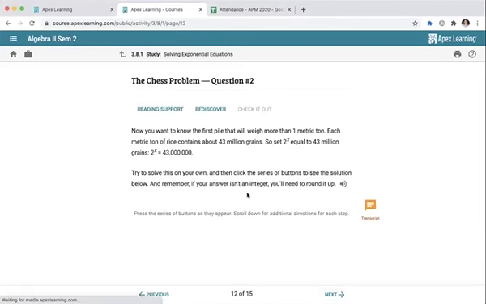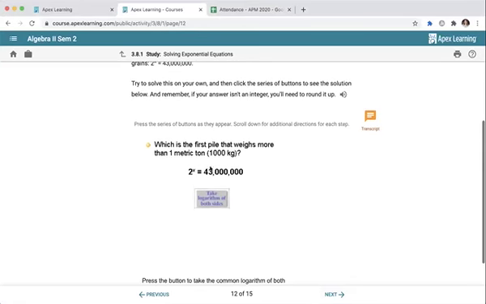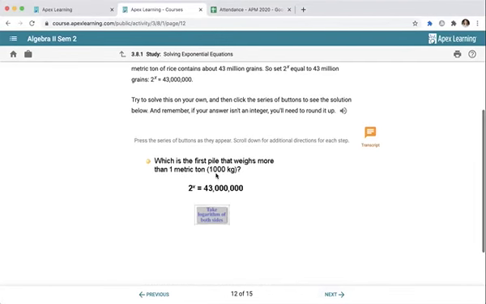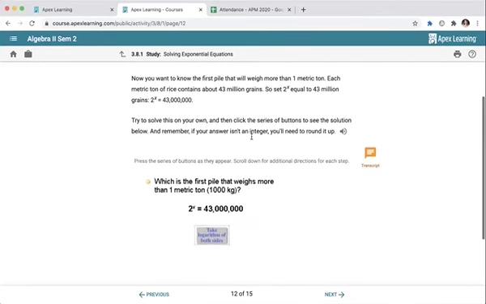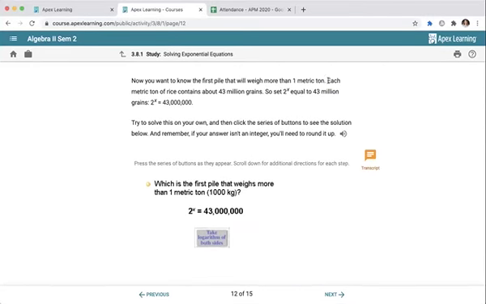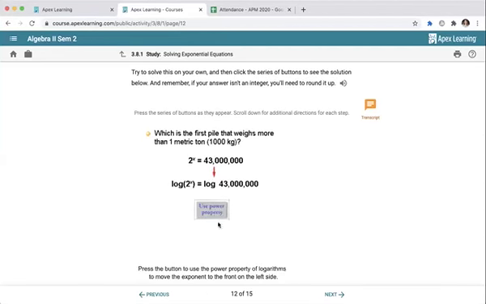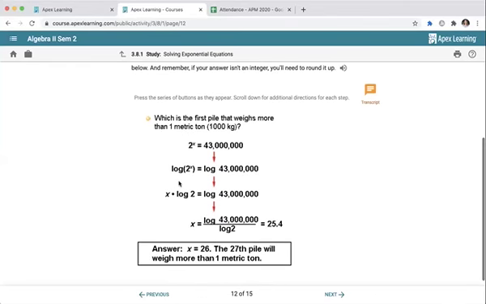If we look at the next question, which pile will equal or weigh more than this? Well, a metric ton is equal to 1,000 kilograms, so it has to weigh this much. The reason we know that is we said each metric ton of rice contains about 43 million grains. So it's going to be the exact same process here.